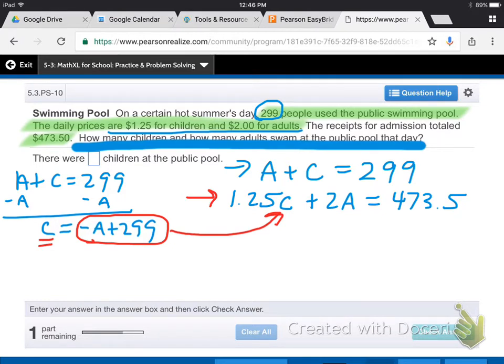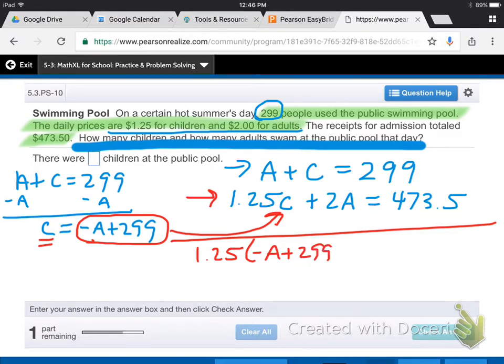So here's our new equation. Our new equation is 1.25, not times C, times negative A plus 299, plus 2A, just keep writing it down, equals 473.5. That's a 7. Hang on, I'm going to erase that right there. 473.5.